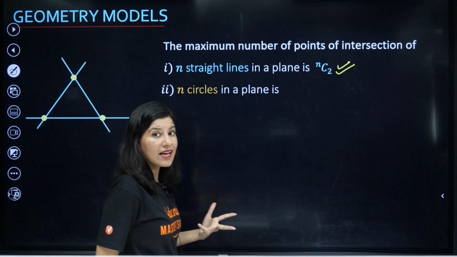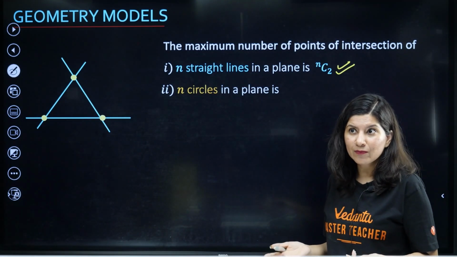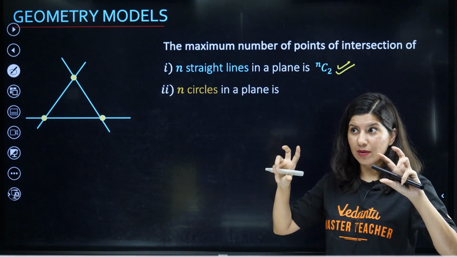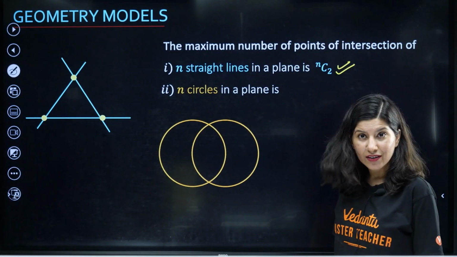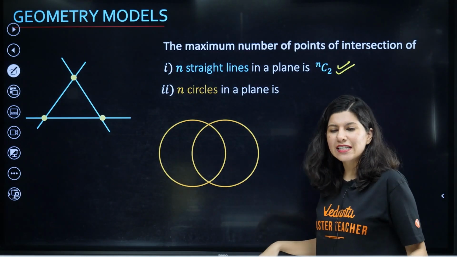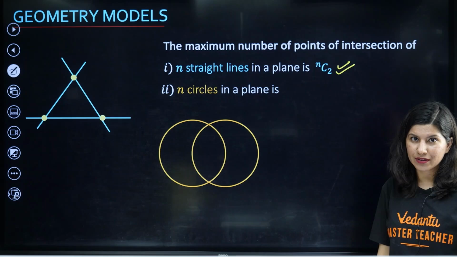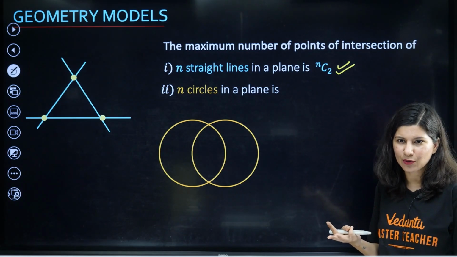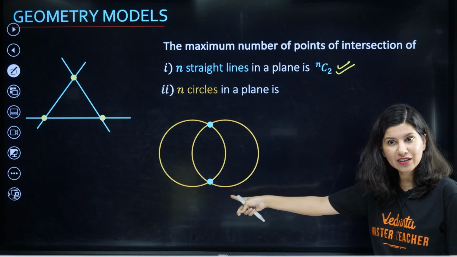Now n circles are in the plane. Again, the position of circles can vary. Two circles can be not intersecting each other at all, or both circles can be touching each other, or both circles can be intersecting each other at 2 points. That's it, there are 3 cases only. We want the maximum intersection, so we will prefer this diagram.